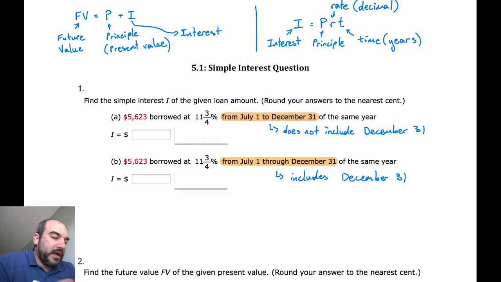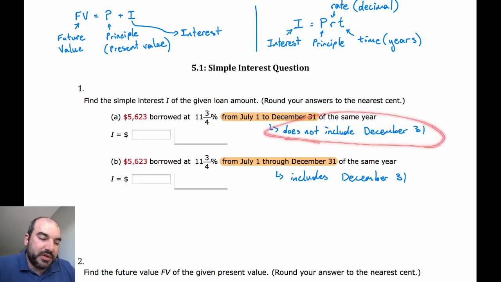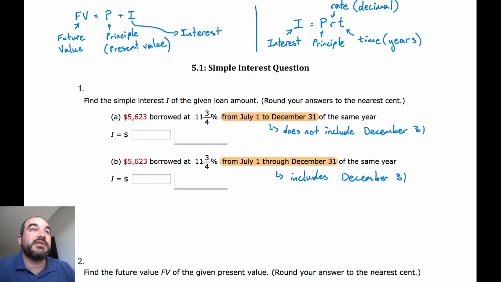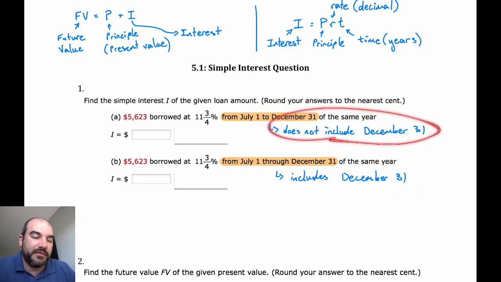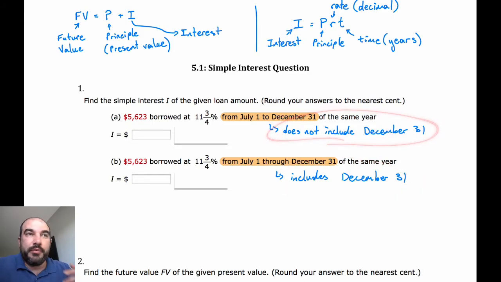So I know it's a very minuscule difference there, but not including December 31st versus including December 31st is going to make a slight difference in the interest calculation because the time is different for the two. Even though it's just 1 day different, this one is going to have one less day than this one, right? So December 31st being not included would be a certain number of days.